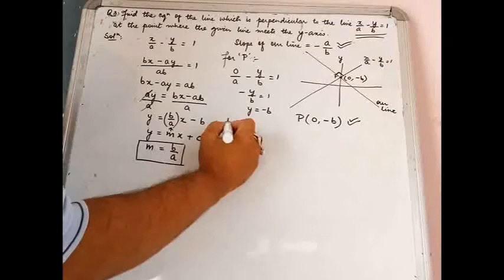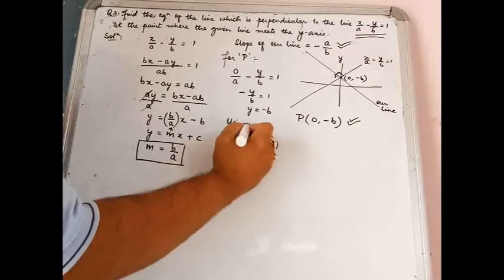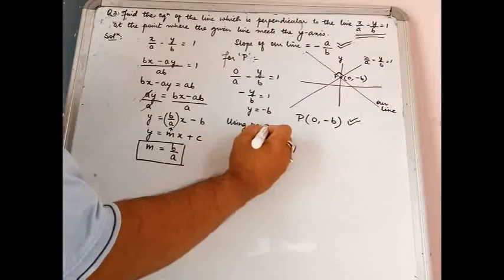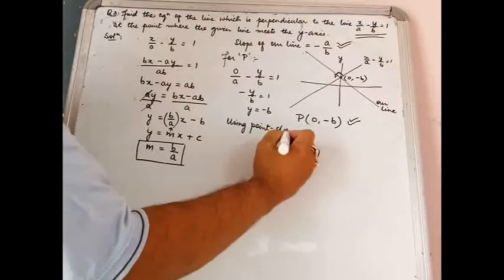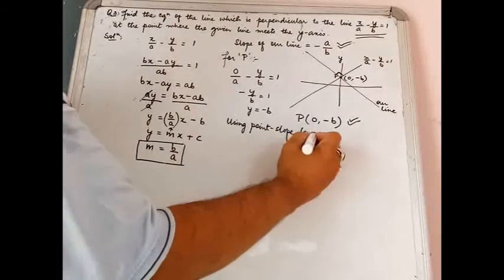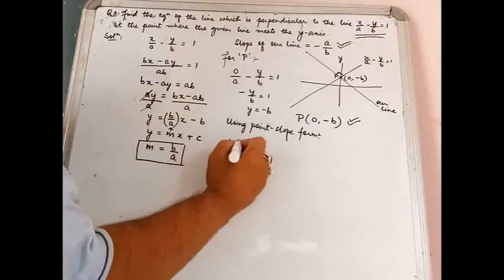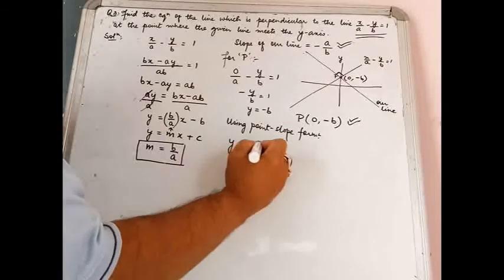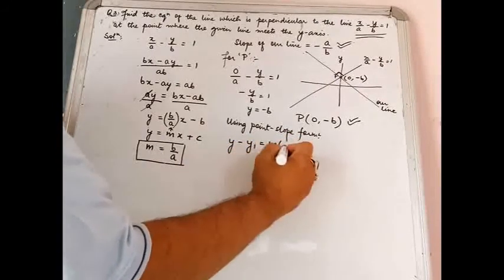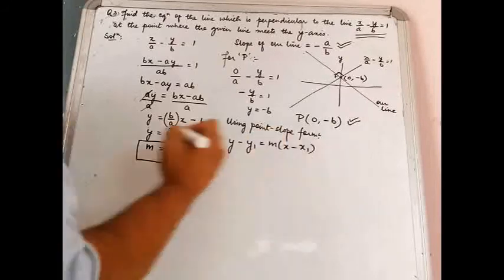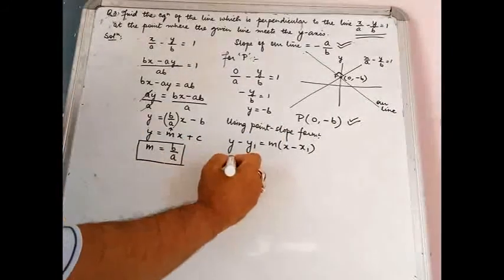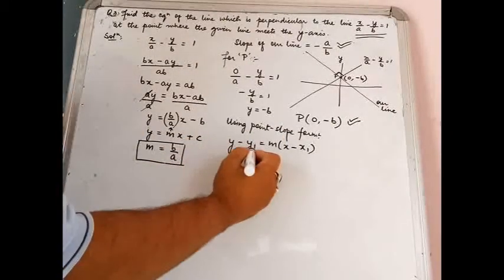Now using the point slope form, y minus y1 equal to m(x minus x1). Where is y1?